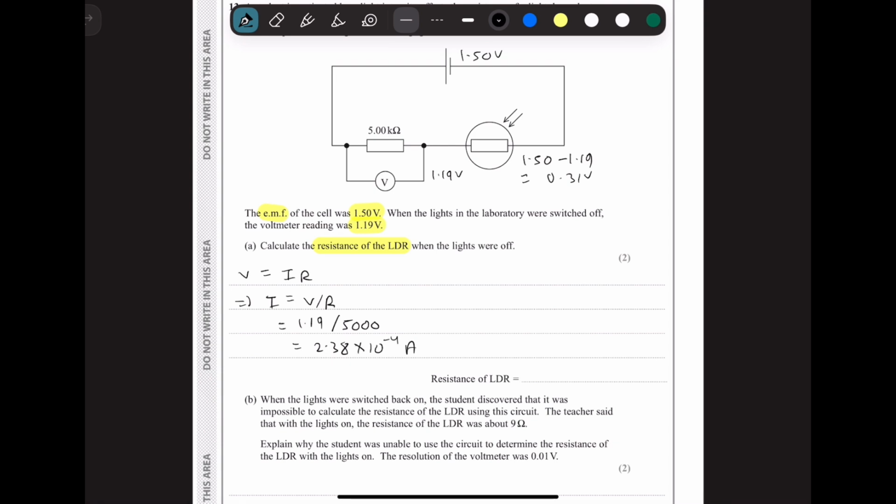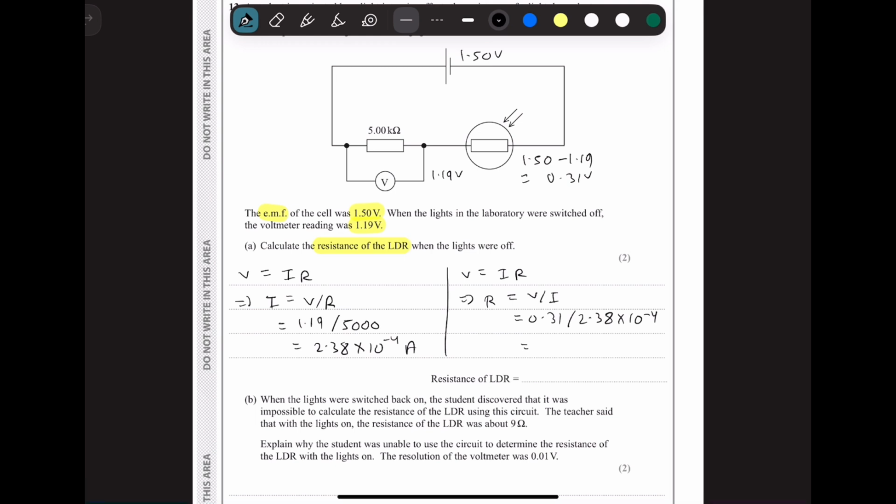As you know the current and the voltage across the LDR, it's simple to find the resistance. V equals IR, so R equals V by I, and the voltage is 0.31 divided by 2.38 times 10 to the power minus 4.